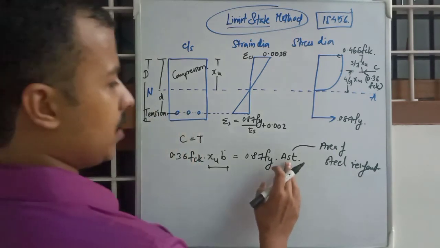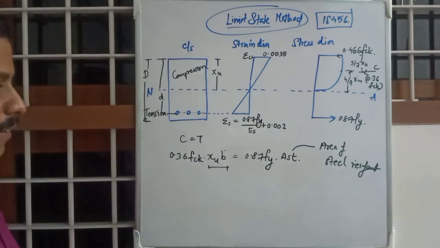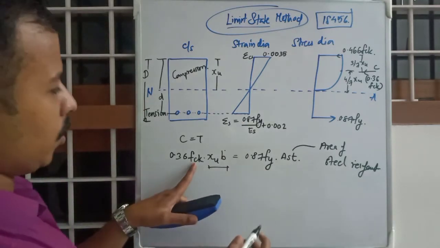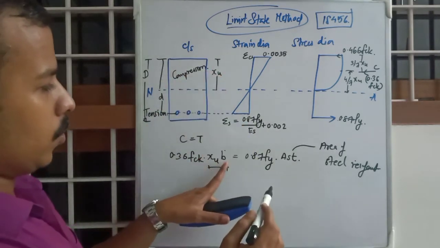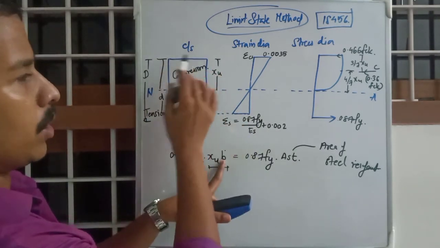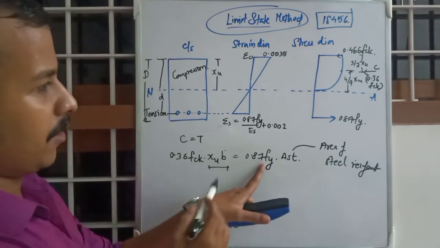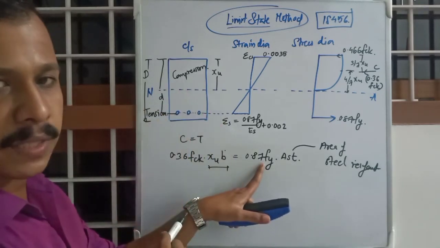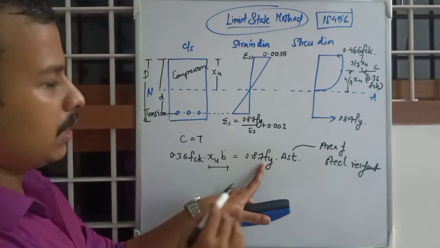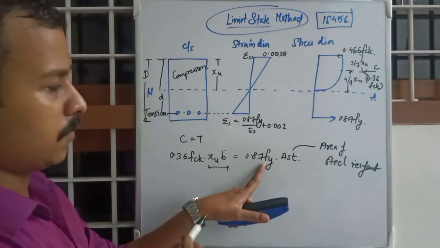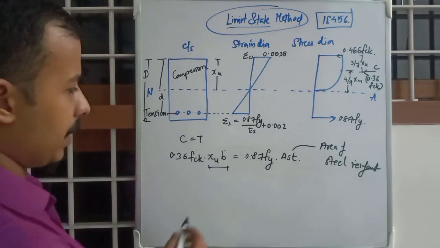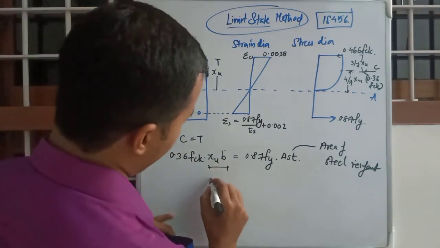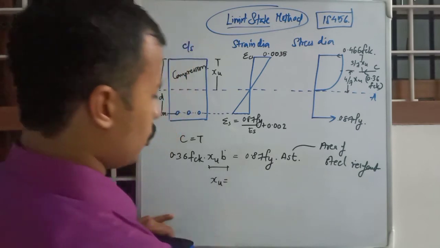That is Ast. And from this you know Fck, the grade of concrete, you know b, the assumed b, and Fy, if it is Fe 250 you can substitute Fe 250. Ast you can calculate simply. Now you can calculate the XU value.